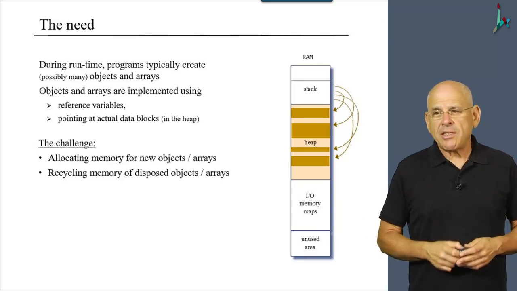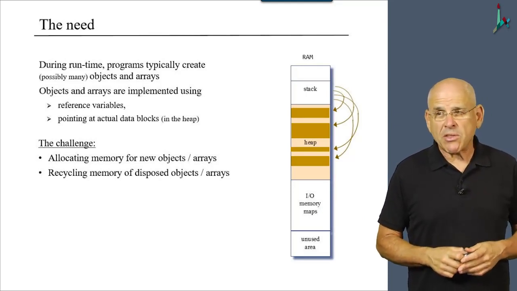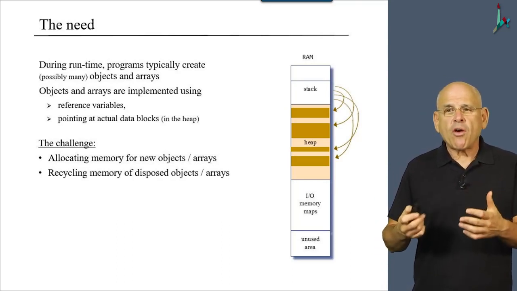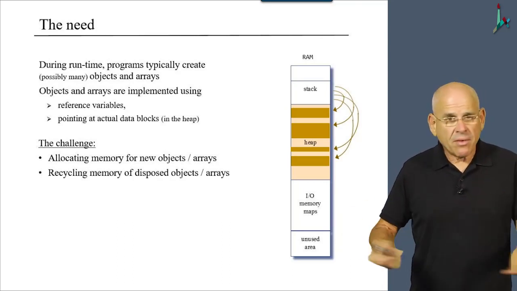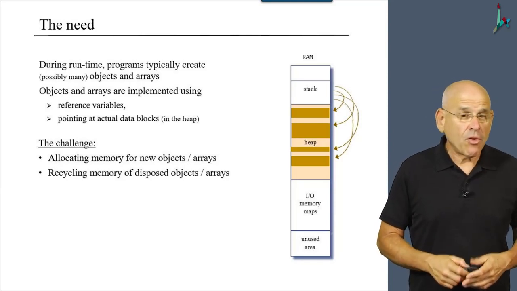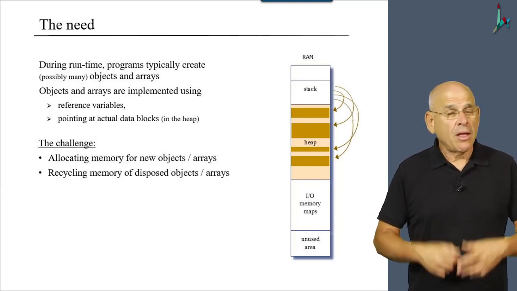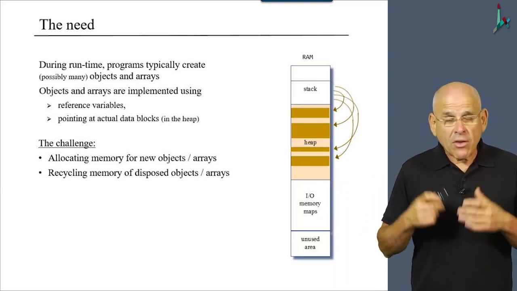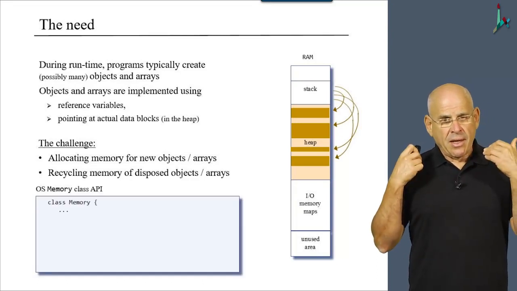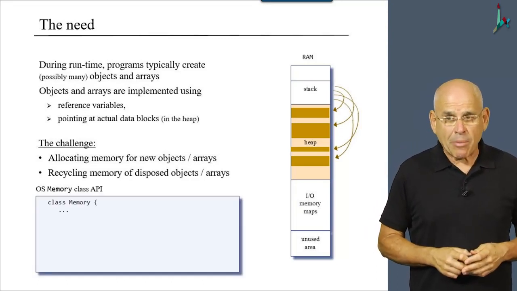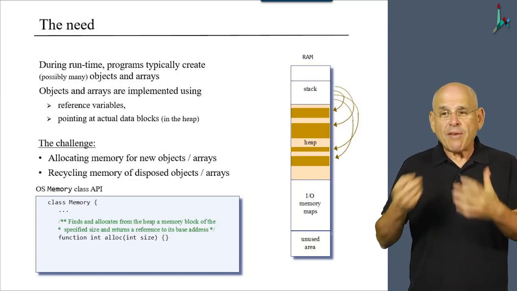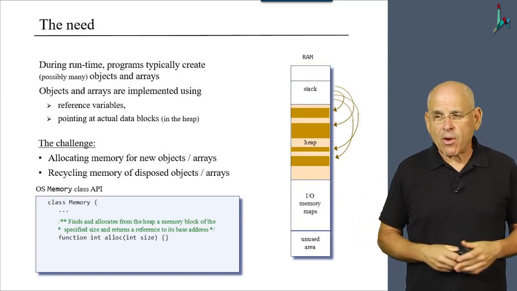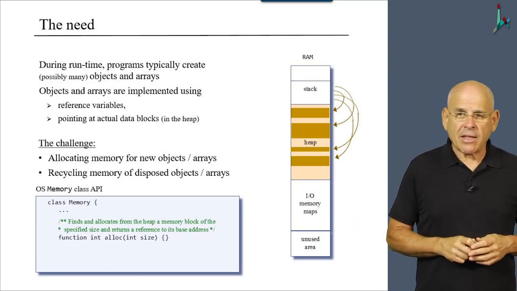So the challenge is to manage this memory resource, which we call a heap, efficiently. In particular, we have to know how to allocate memory whenever we're asked to do it, and we have to know also how to recycle memory of objects and arrays that are no longer necessary. Now we're going to do all this using an OS class called memory. In particular, we'll have one function called alloc that gets the size of the memory block that it has to allocate as an argument.